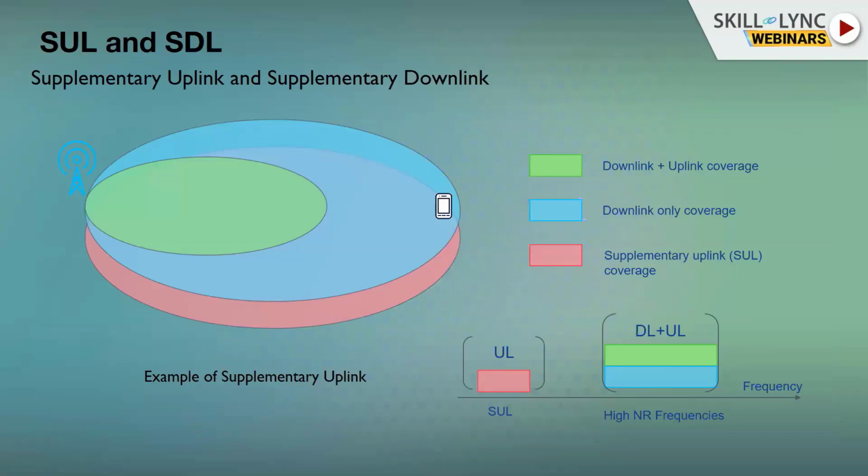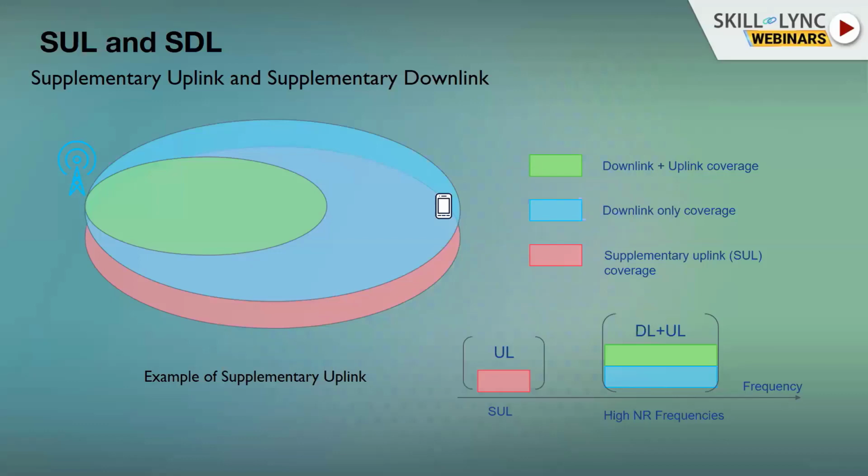We have here the SUL and SDL, the supplementary downlink and the supplementary uplink. The supplementary downlink or uplink allow the bonding of unpaired spectrum with FDD or TDD bands, to significantly enhance NR, or new radio 5G, network capacity and users' experience.